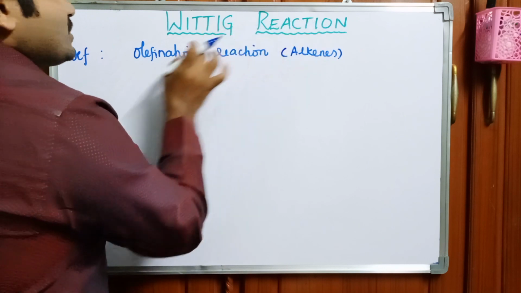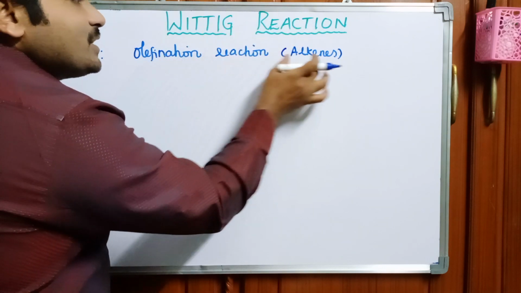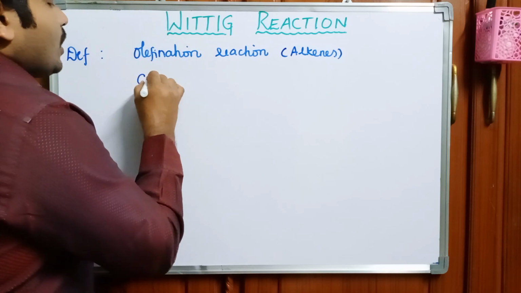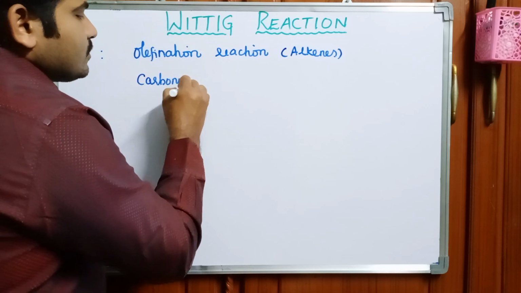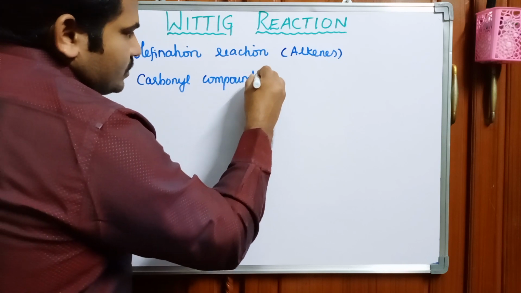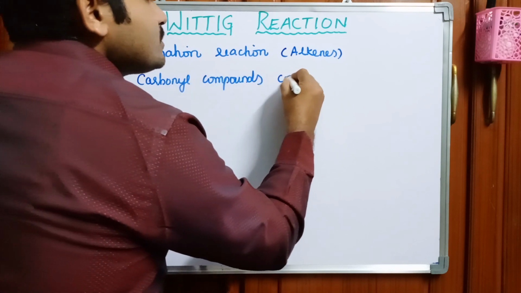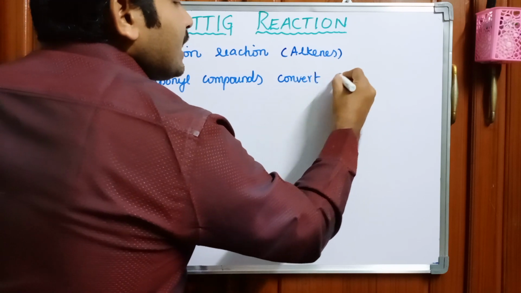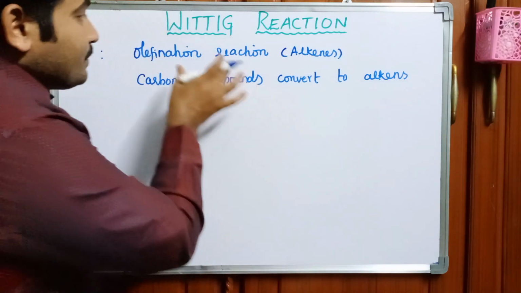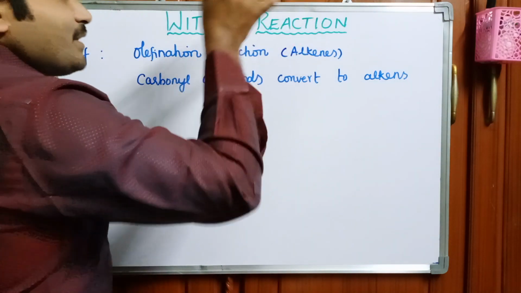So, Wittig reaction is also called olefination reaction. In this reaction, carbonyl compounds like aldehydes or ketones convert to alkenes in the presence of Wittig reagent.